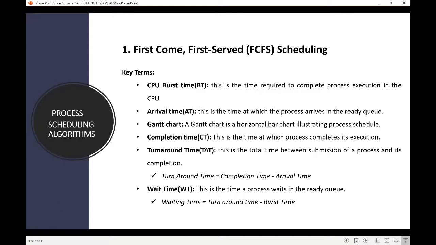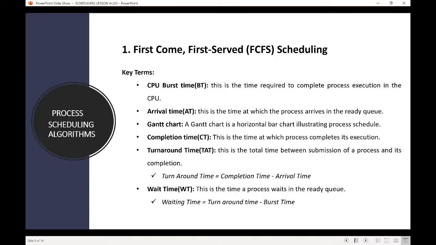This is the time required to complete a process execution in the CPU. For example, we have a process P1, which has to execute for 10 seconds. So in that case, 10 seconds is the burst time for P1.